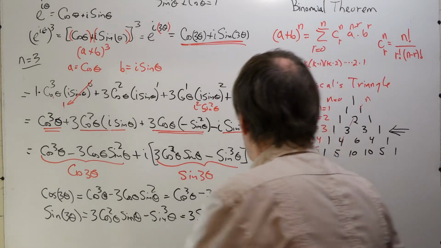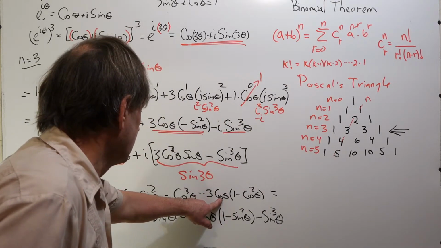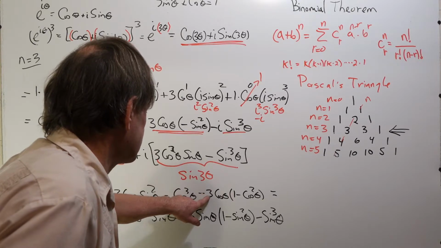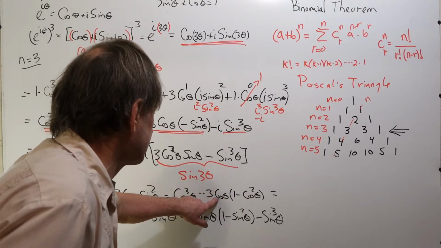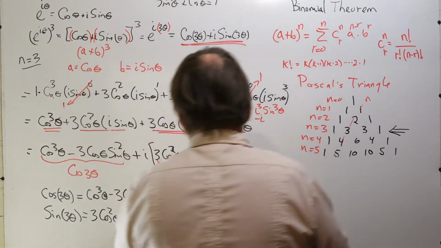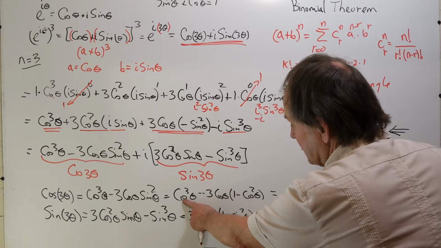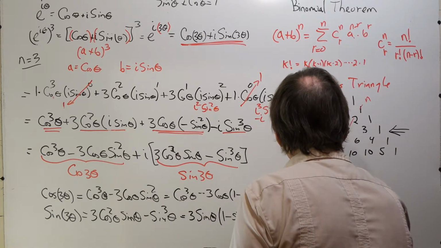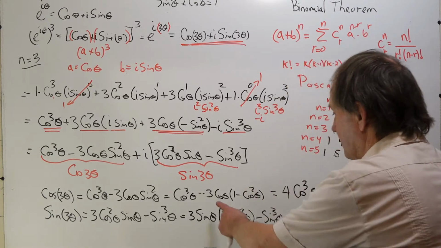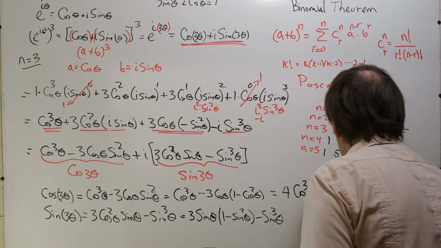We see that this is cosine cubed minus 3 cosine, minus 3 cosine times minus cosine squared, so this becomes plus 3 cosine cubed. And we have plus 3 cosine cubed plus cosine cubed to give us 4 cosine cubed theta minus 3 times the cosine of theta.